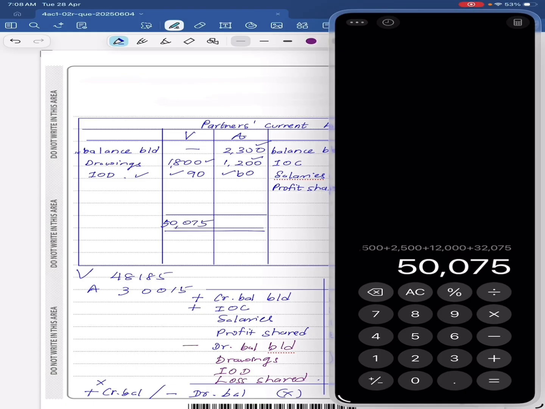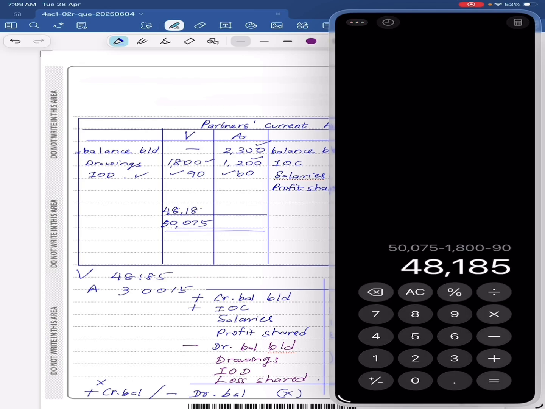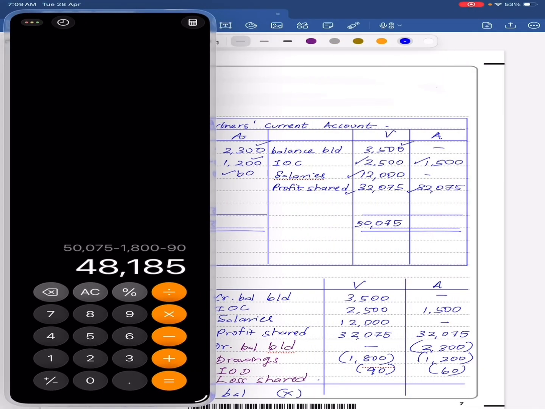From this you take away 1,800, take away 90. Therefore 48,185. This should be the balance carried down. Balance brought down for Victoria, 48,185.